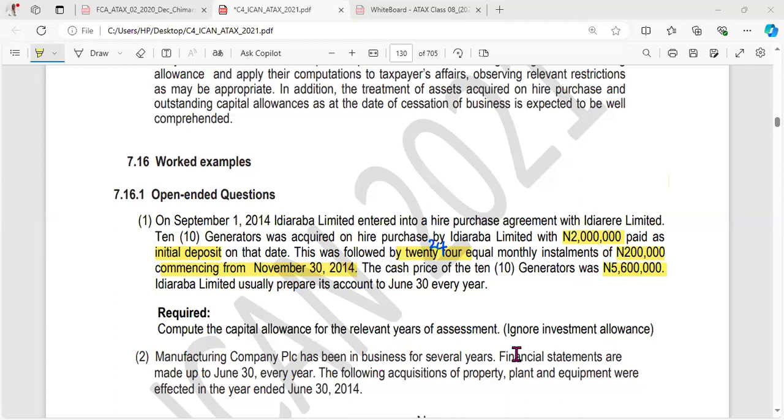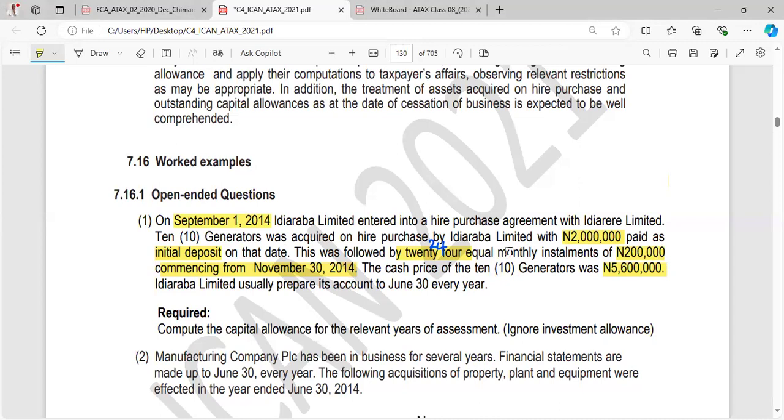All right. So now we said 10 generators were acquired by hire purchase and 2 million naira was paid as initial deposit. On what date? September 1, 2014. So the hire purchase went into effect September 1 with the initial deposit.